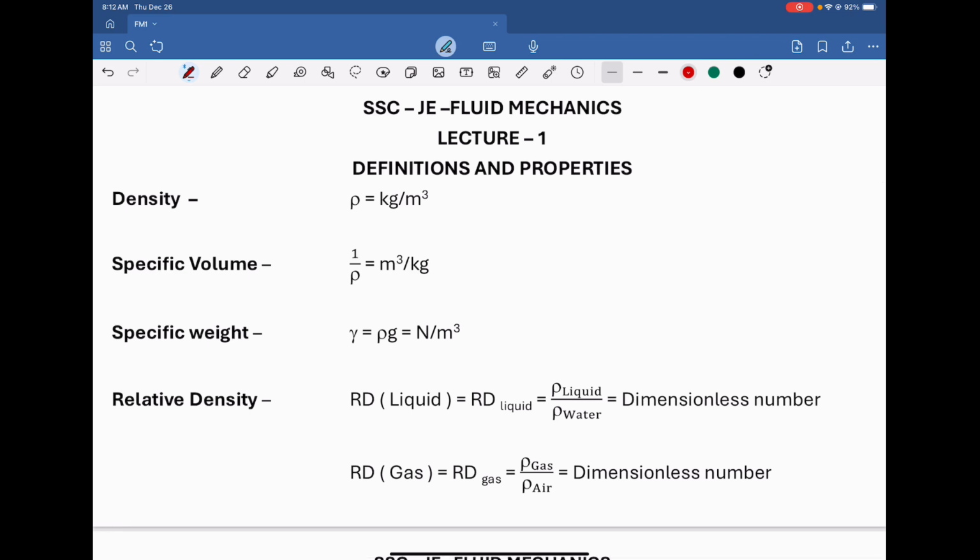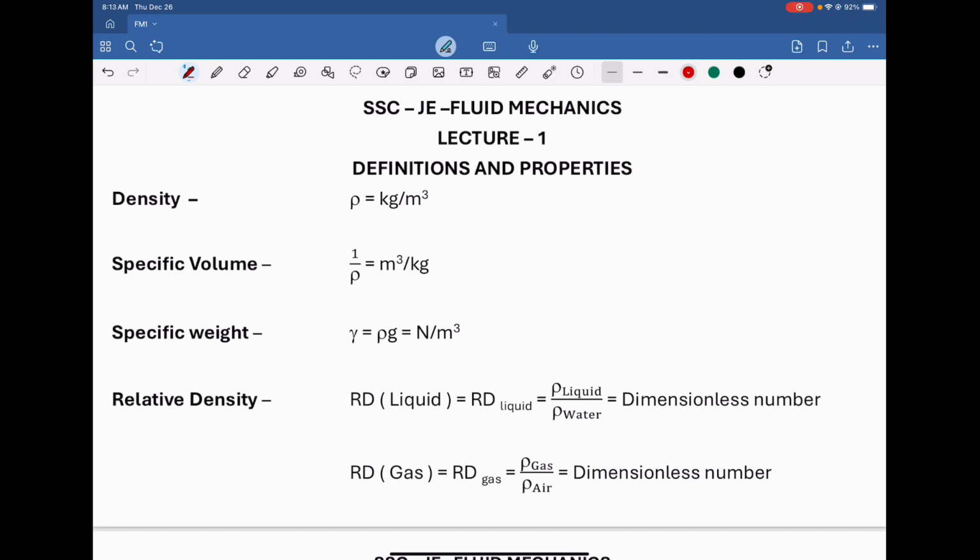What we have spoken till now was about matter, how many types of matter there are, what a shear force is and how shear force is related to velocity gradient, how fluids are classified, that gases and also liquids are fluids, and how fluids are classified as Newtonian and non-Newtonian fluids.